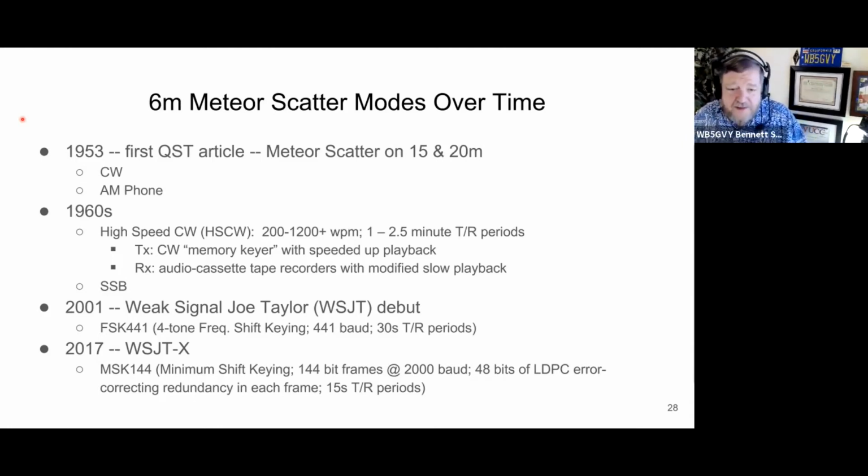How do you do that? I've never done it, but my understanding is they used a memory keyer. They'd program the memory keyer with the exchange, and then they sped it up. I don't know if they had to modify the memory keyer to do that, but supposedly that's how it was done. And then on receive, they used specially modified cassette tape decks where they were able to modify the playback.